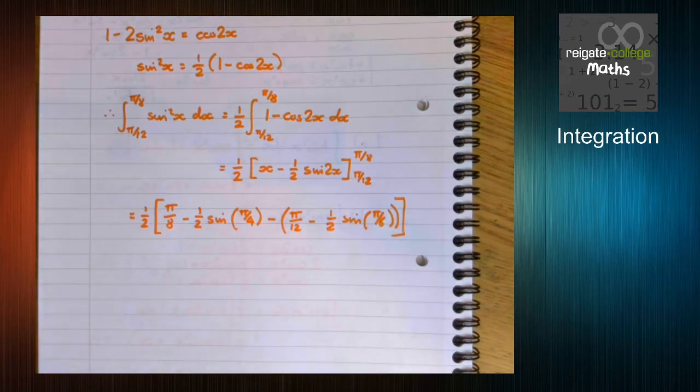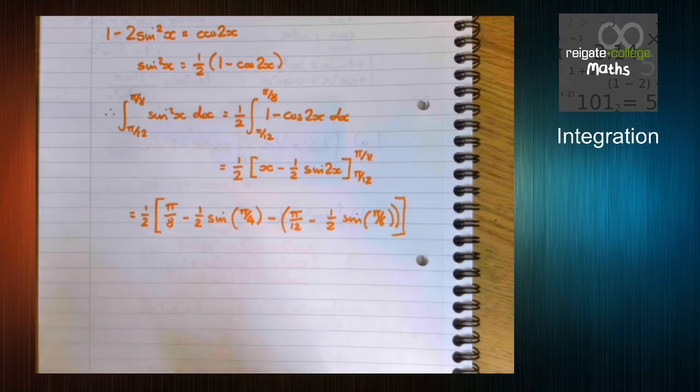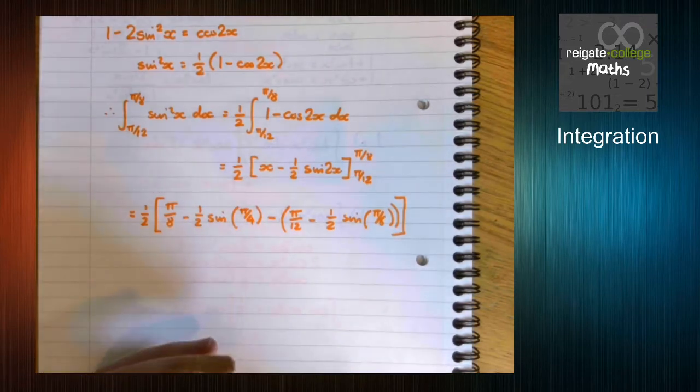Now be careful with this. With this example, it's probably not too bad. If we just stick all that in our calculator, it may well give it to us exact, but it might not. So if you can't do this whole thing in your head, which is fine, do each bit separately.